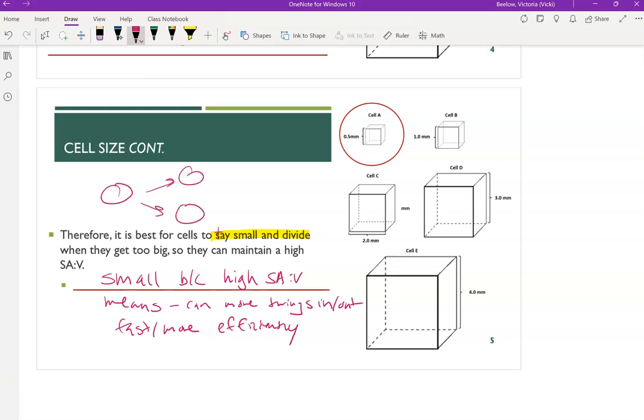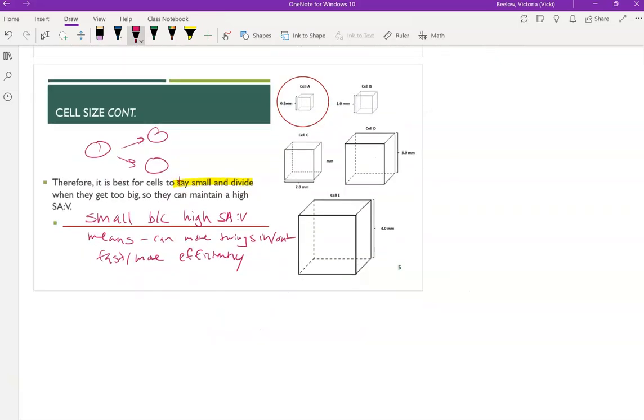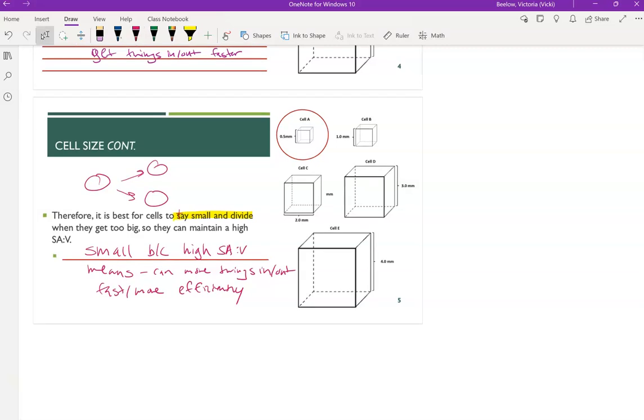It's so that they don't keep growing in size, because if they divide and split in half, then they're going to stay small. And so cells, generally speaking, want to stay small in size because they have a high surface area to volume ratio, which means they have more cell membrane in comparison to the volume, which means they can move things in and out of the cell faster and more efficiently.